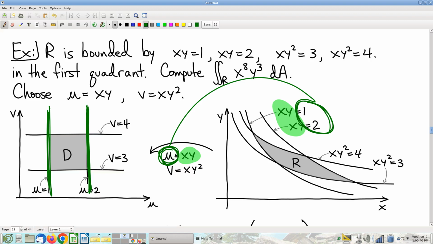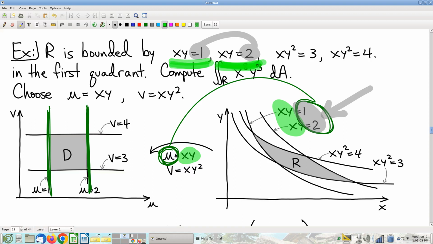So the way I want you to remember this move, this trick, is notice you've got to have constants here. Those need to be constants for this to work out, right? So said differently, your curves have to be written as stuff equals constant. In other words, the curves have to be written as level sets, right?